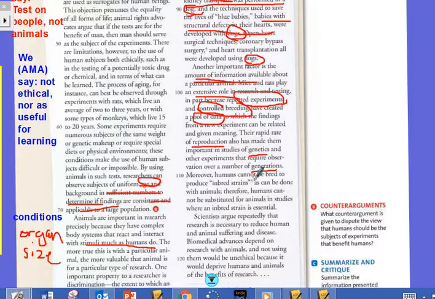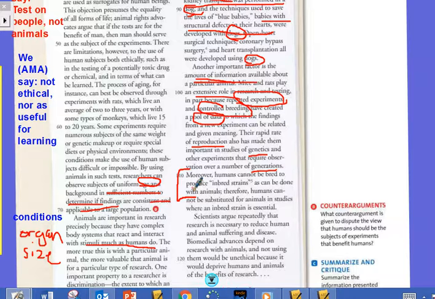Moreover, humans cannot be bred to produce inbred strains, as can be done with animals. In other words, you know what this is saying? We cannot breed humans with relatives. Ew. No incest, right? We certainly can't do that as a scientific experiment.